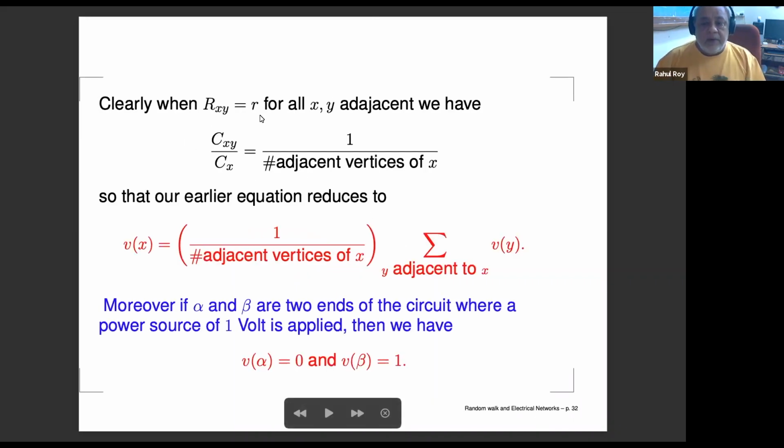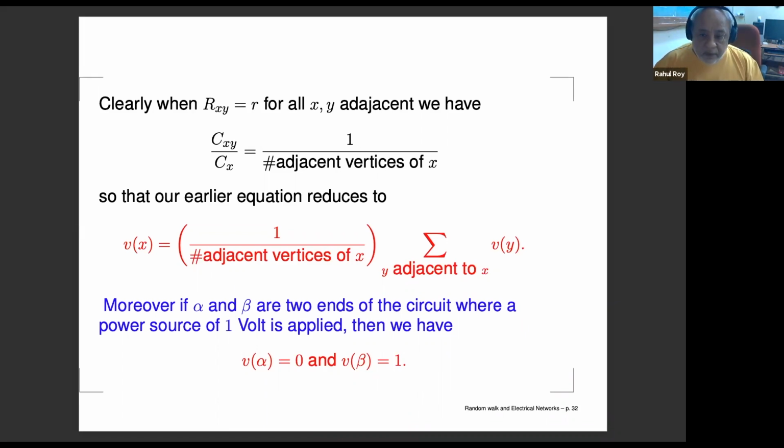Clearly, when Rxy equals R for all adjacent xy, because that's exactly what we had in electrical networks, all the resistors were of R ohms. Then 1 over Rxy is 1 over R, and therefore the summation over Cxy, which is Cx, is nothing but the number of adjacent vertices of x times 1 over R. Therefore, Cxy over Cx becomes the ratio 1 over the number of adjacent vertices of x.